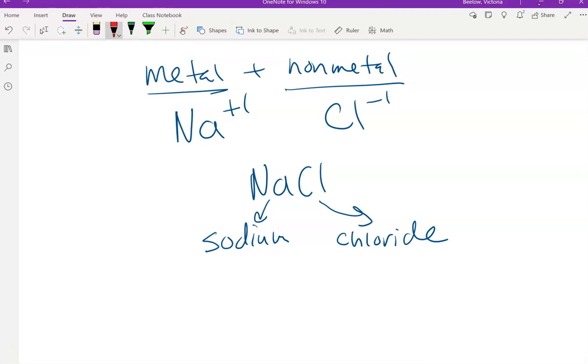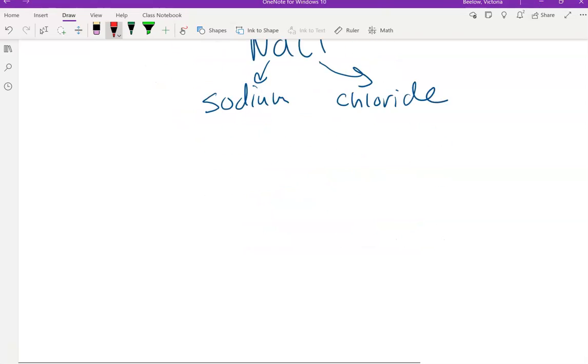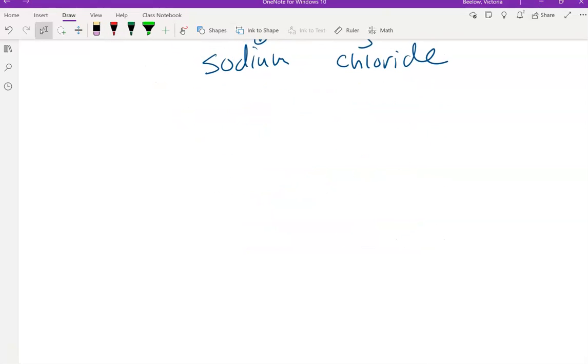Let me do another example of this with some elements that don't have a charge of just +1 and -1. So let's say we have barium, which is Ba, and we have that with P, which is phosphorus.